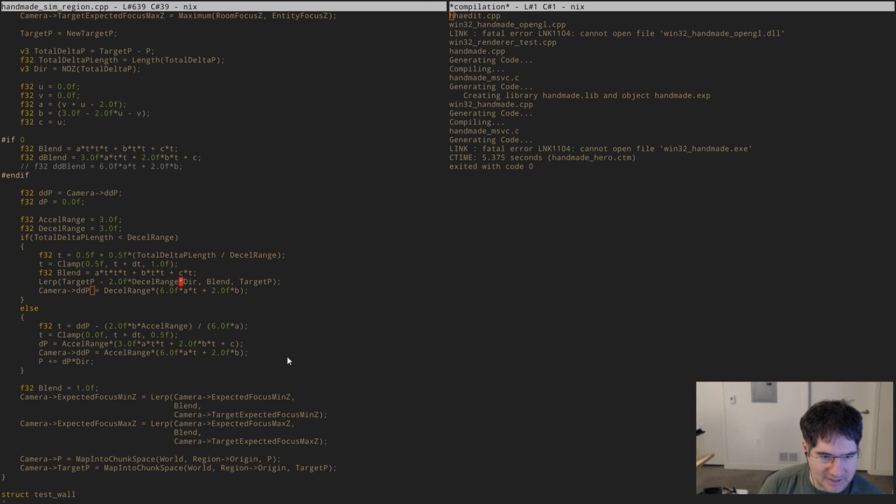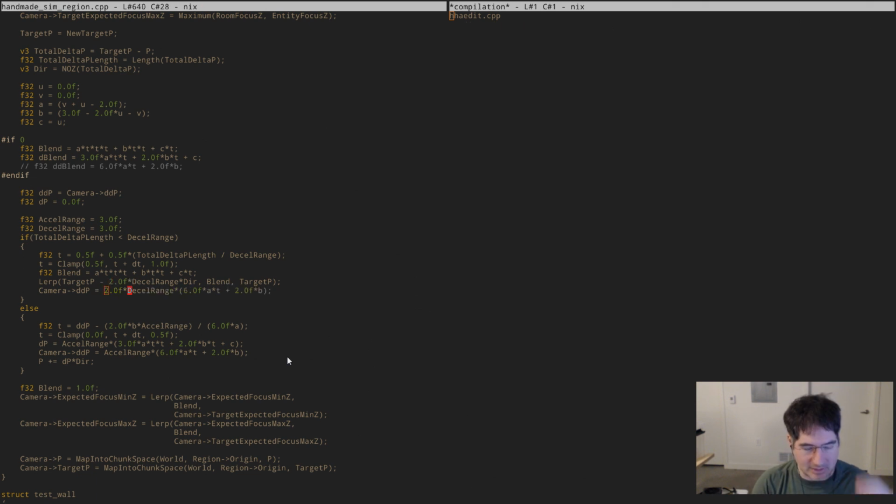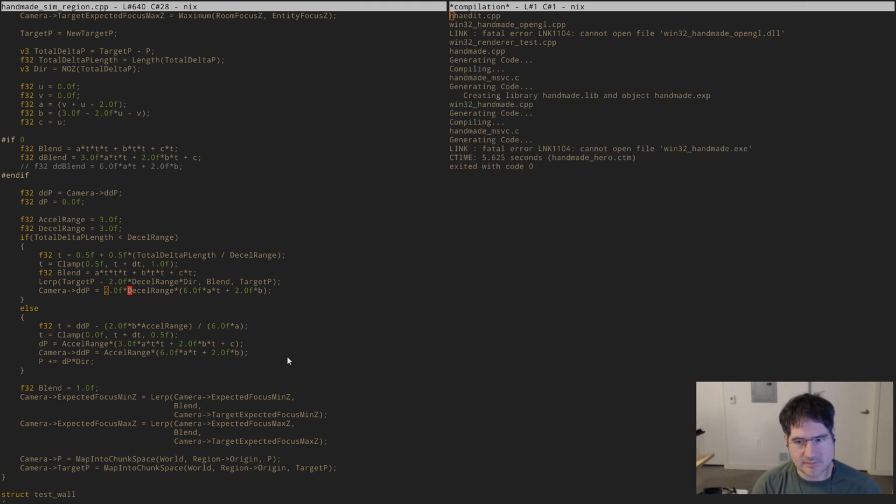So the deceleration range times the direction times 2 is actually back where we would have been. We use the blend this way to go into the target p like so. And then we have the ddp equals the deceleration range times this. But again, that actually is wrong too. So that actually needed to be 2 as well in there. So I guess that's about right, maybe.